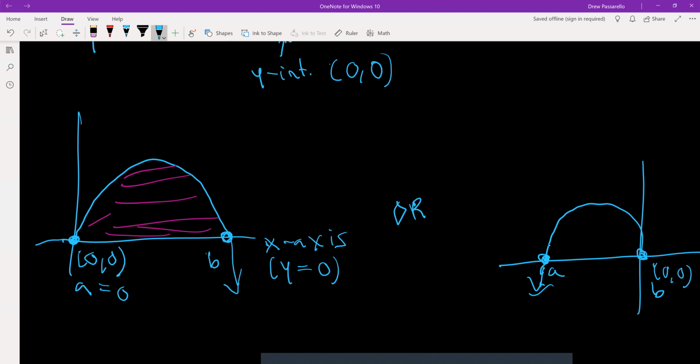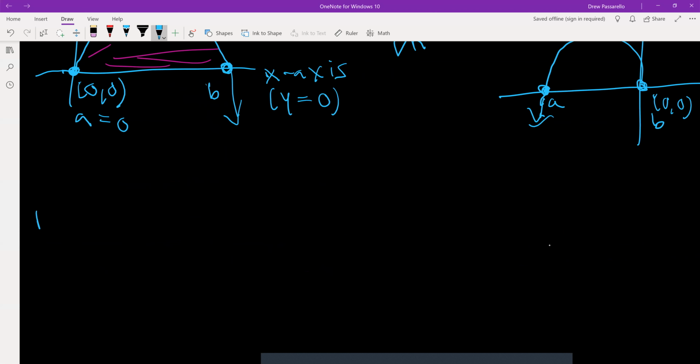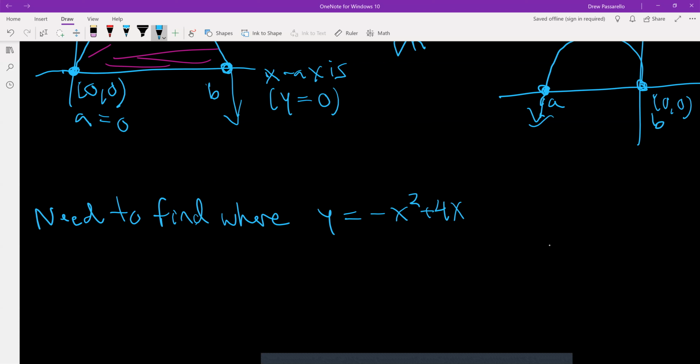All right, so I need to find where it intersects the x-axis. Obviously we know one of them intersects at 0, but we need to know what the other point is.